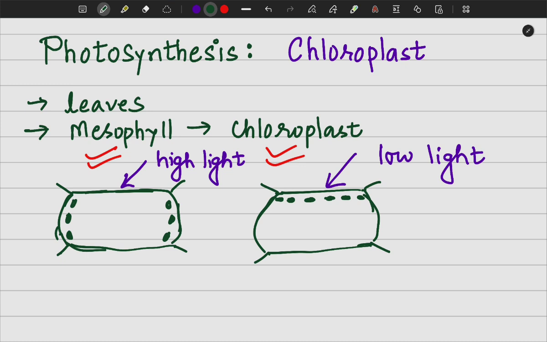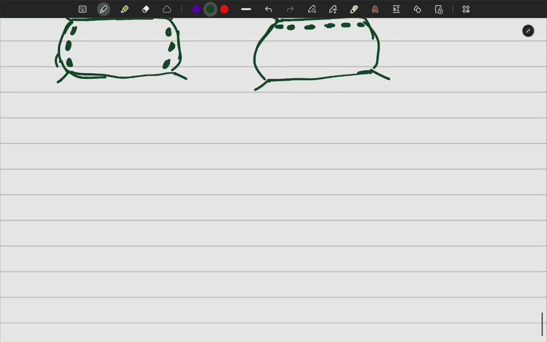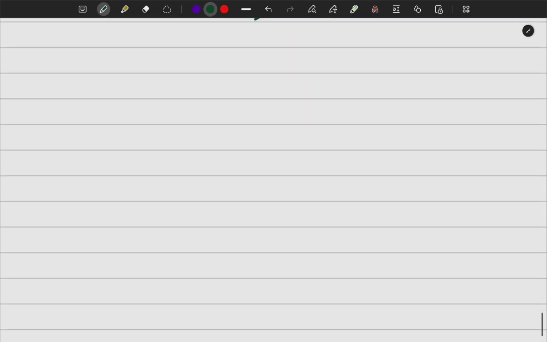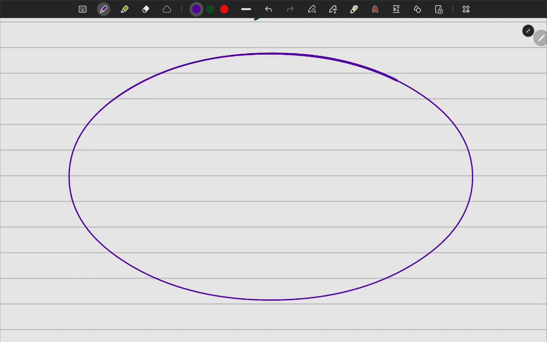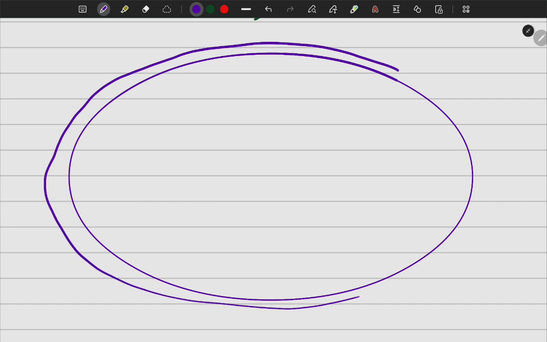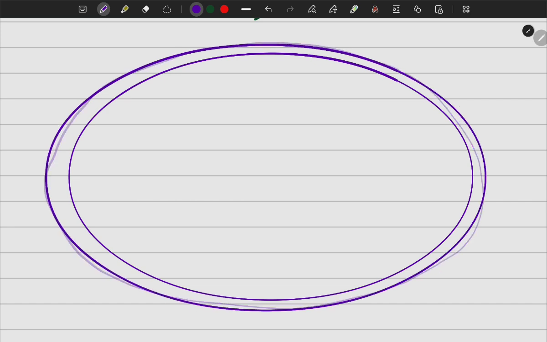Alright, so let us now move on to understand the structure of a chloroplast. If we draw the structure of a chloroplast, then the chloroplast is a double membraned organelle, it will have two membranes.